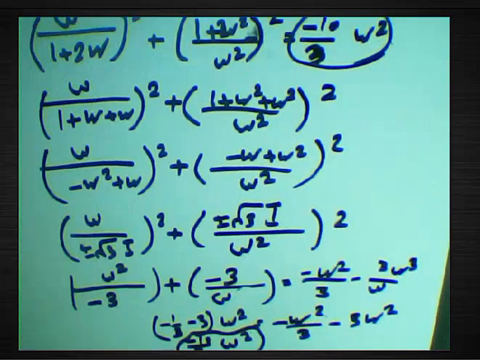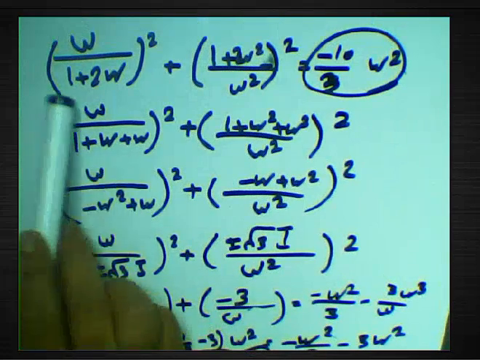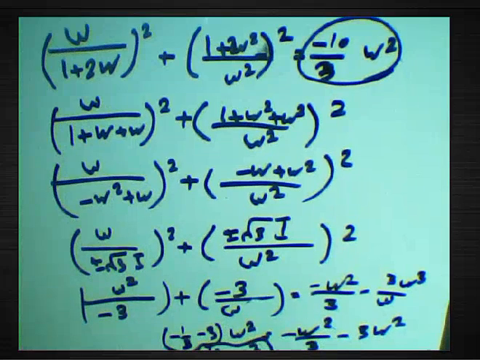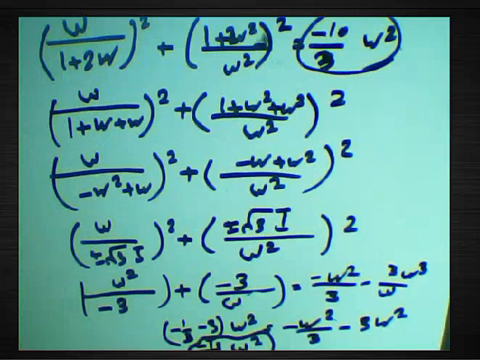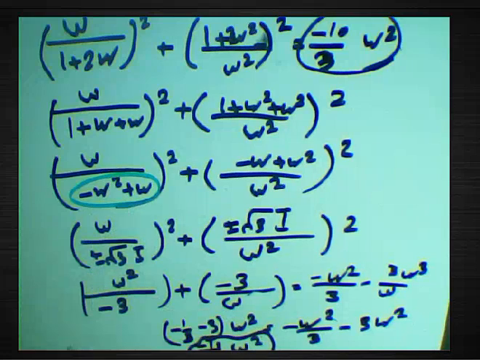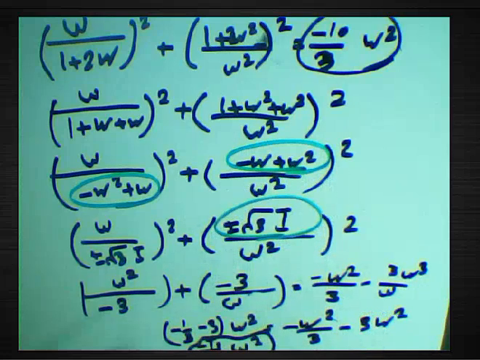We know 1 plus omega equals 1 plus 2 omega, and the important point here, we must know what? We must know 1 here, omega power 2 negative omega power 2 plus omega equals positive or negative root 3 i, and here negative omega plus omega power 2 equals positive or negative root 3 i.